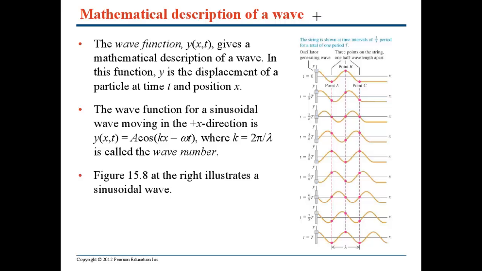So let's talk about how we describe a wave mathematically. You may recall that we previously talked about waves being sinusoidal, and we talked about them only in time. However, if we now look at a wave that is propagating at some distance, we also need to consider the position of the wave. Here we have an oscillator, and we start it off at its amplitude and shake it up and down in simple harmonic motion.